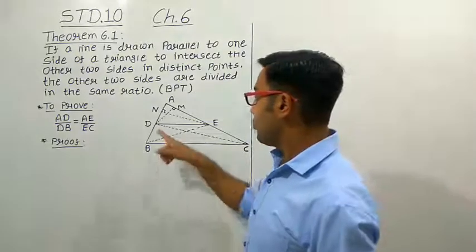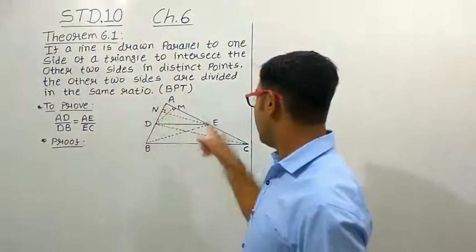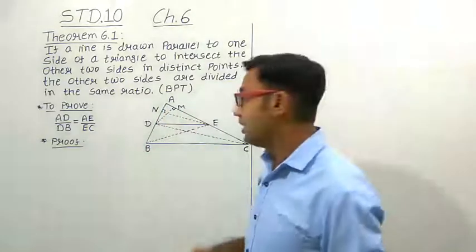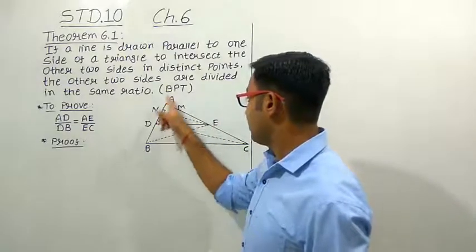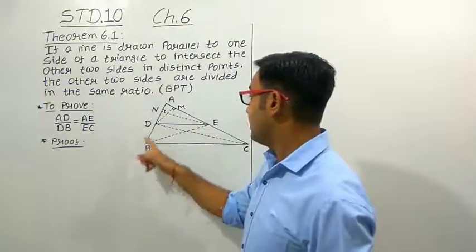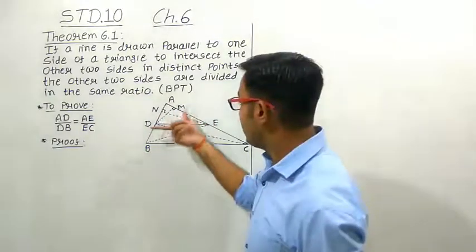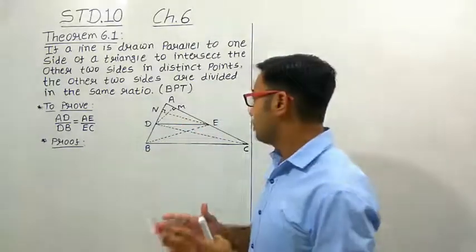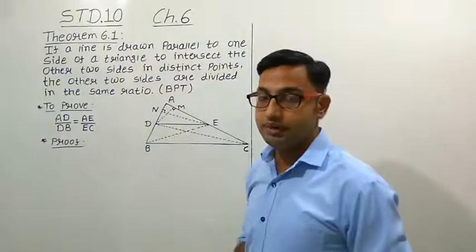Okay, now let us draw a perpendicular from D to AC, and that perpendicular is DM. In the same way, from E, draw another perpendicular on side AB, and that perpendicular is EN. So DM and EN are the perpendiculars on sides AC and AB.